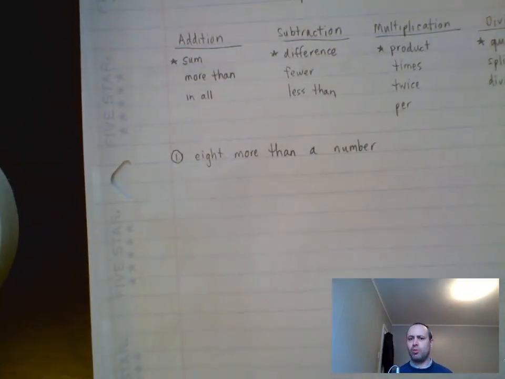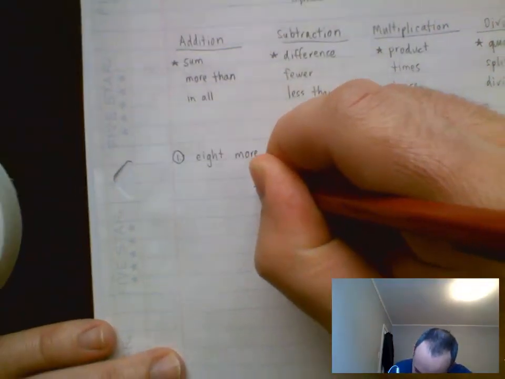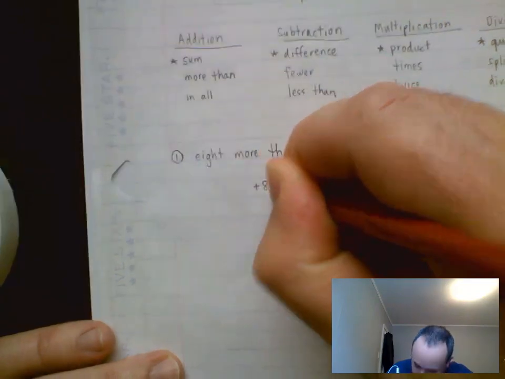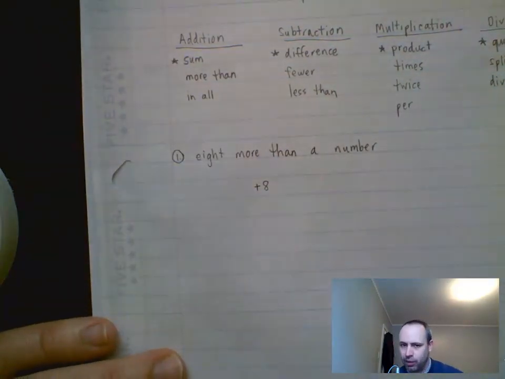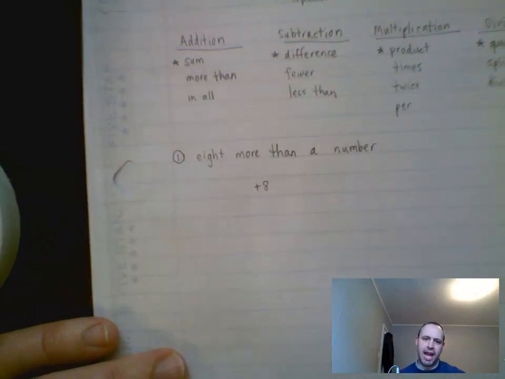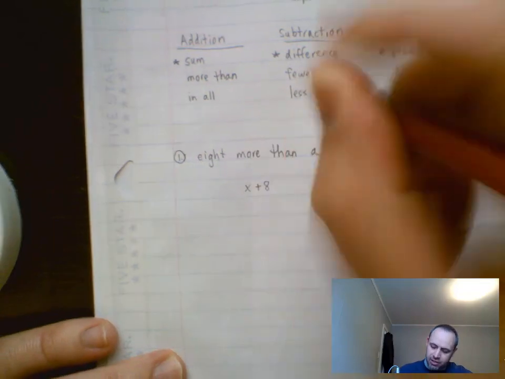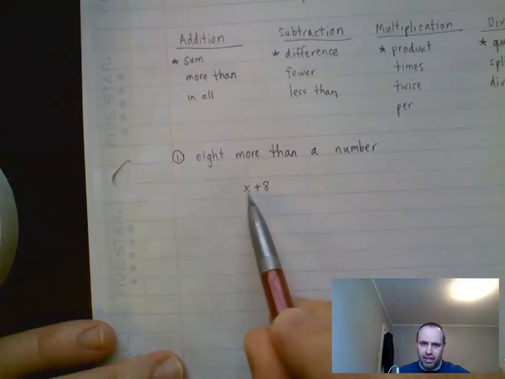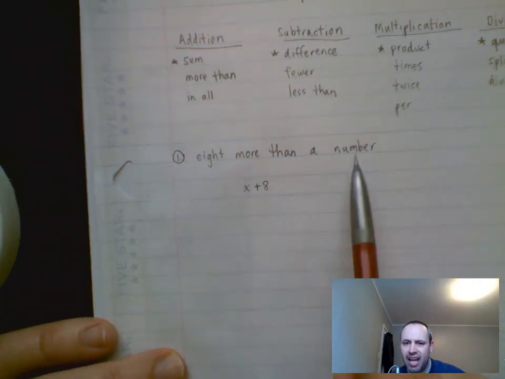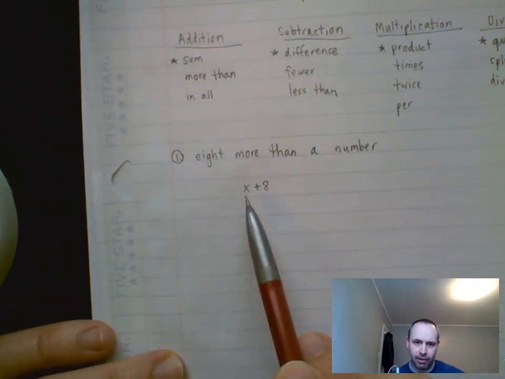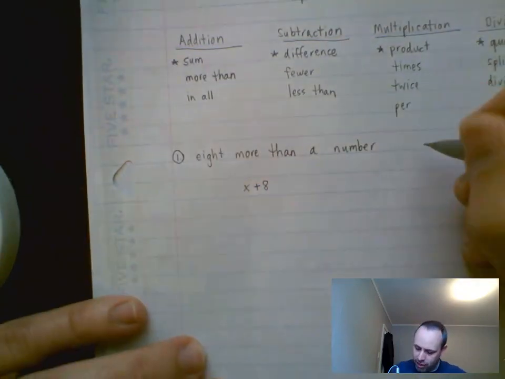I'm saying 8 more than a number, and you need to know that that means plus 8, and then a number. The number might be x, the number might be n. I think I'm going to make it x. So 8 more than that thing, which is a number. So there's your number, and it's 8 more than that. All right? Why don't you guys try number 2?